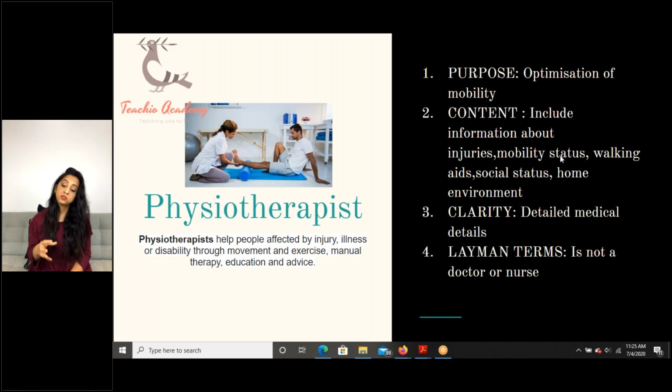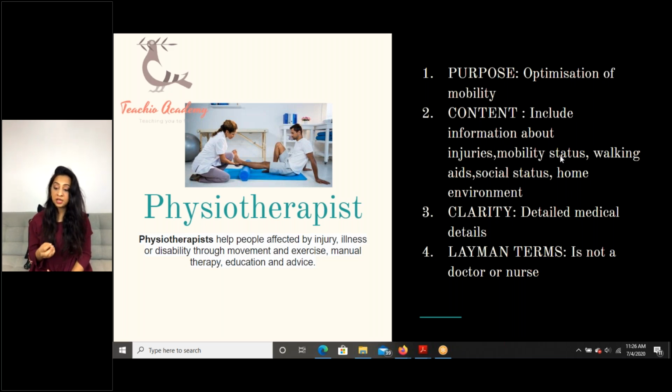Or if someone's bed bound, do they need something to help transfer them from a bed to a chair? Okay, so all of that responsibility with regards to movement and exercise for a patient is going to be dealt with by the physiotherapist.